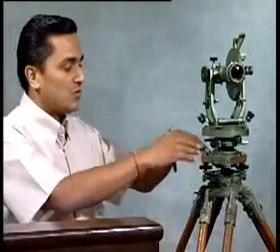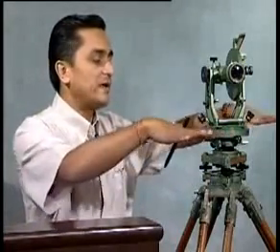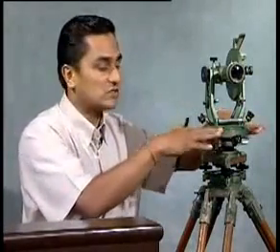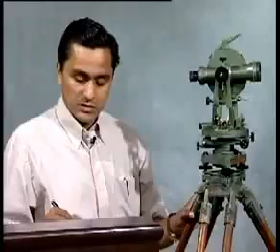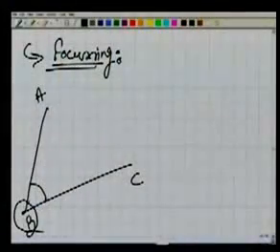And then once it is finally centered as well as leveled, we are ready to take the observations, because we have made our horizontal plate to be horizontal, or this lower plate where the graduated ring is, it's horizontal now. Now we can take the observations for the angles. Well, what will be the next step? Next step will be, for example, let us say this B point is where I am standing.